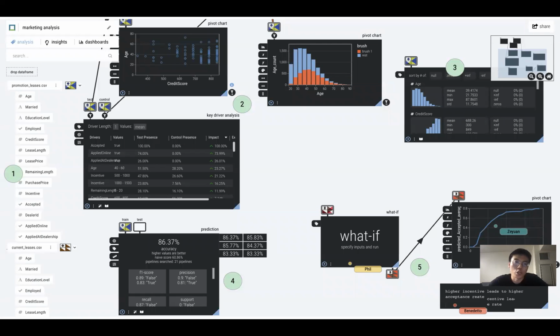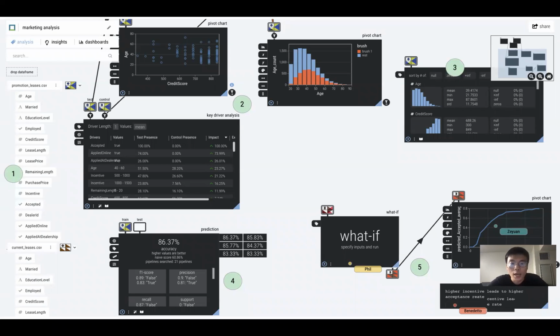Here is a screenshot of 3 users working together on a marketing campaign analysis in Einblick workspace. At Mark 1, you can see that they import different data sources. At Mark 2 and 3, they run so-called descriptive analytics through visualizations and statistical methods.